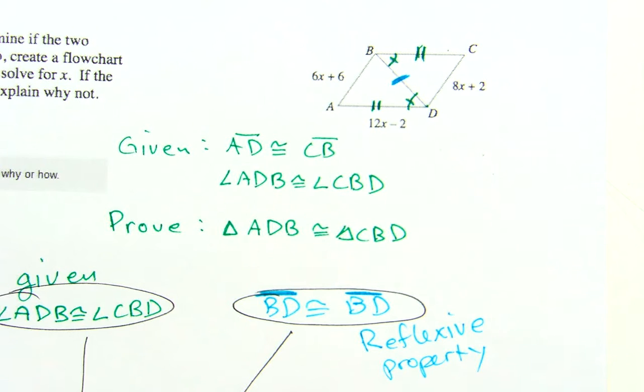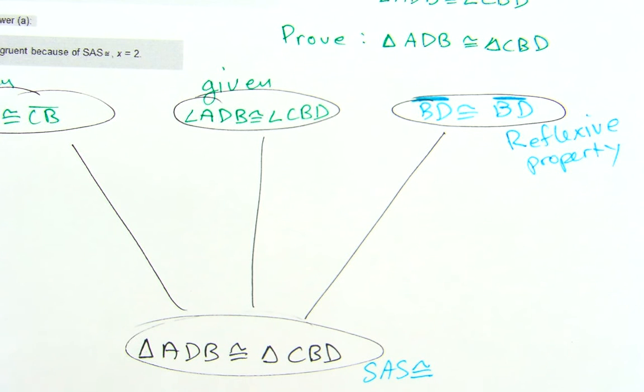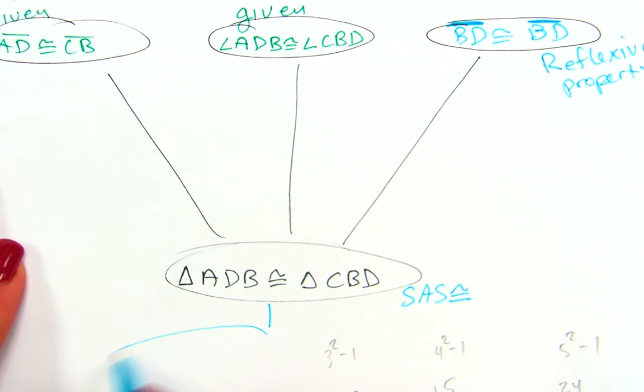Okay, now that we know the two triangles are congruent, then we can say, since both of these triangles are congruent, that means every part that corresponds to its opposite on the other triangle has to be the same also. And we call that, one more bubble down at the bottom.